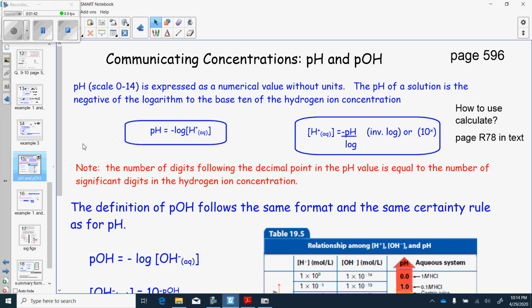So when water ionizes into its ions, or self-ionizes, or auto-ionizes into its ions H positive and OH negative, the equilibrium is very, very, very reactant favored. And so we talked about 1 billion water molecules, only two will break into their ions.